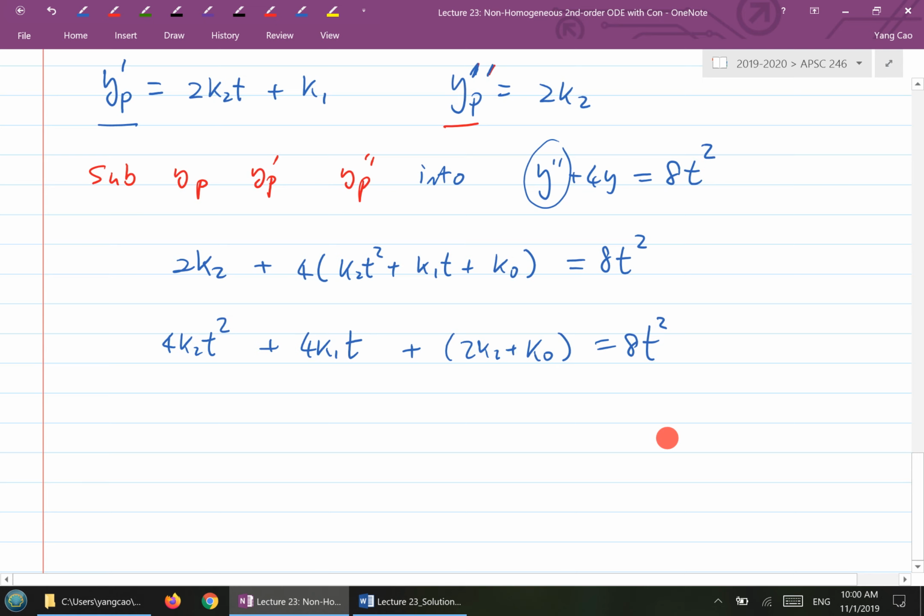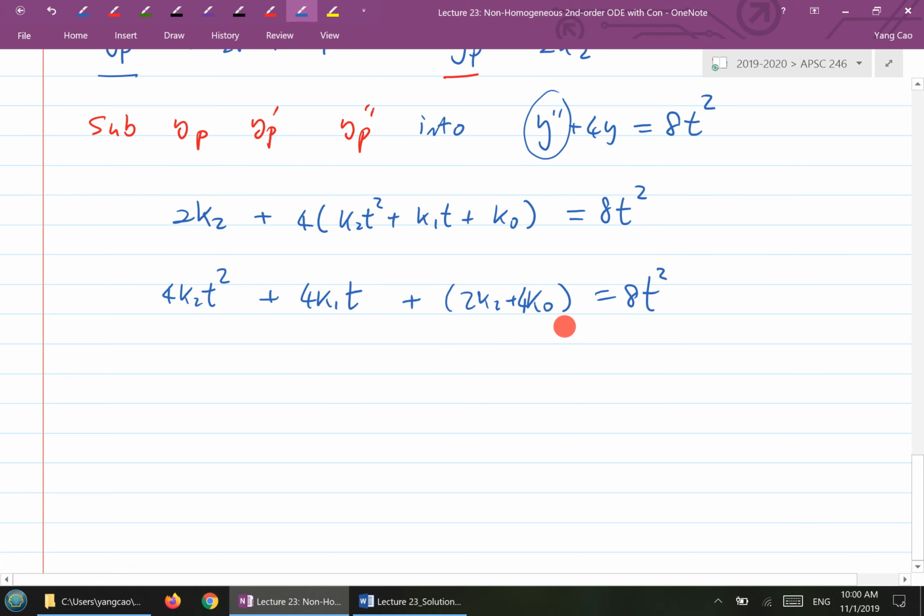Okay. Now from here, remember you're trying to find a solution for k naught, k1, k2. So the left side should give you 8t squared. Yes? Yes, 4 k naught. Excellent, thank you. Good. So this is a very common approach, as you will probably see in some other class later.